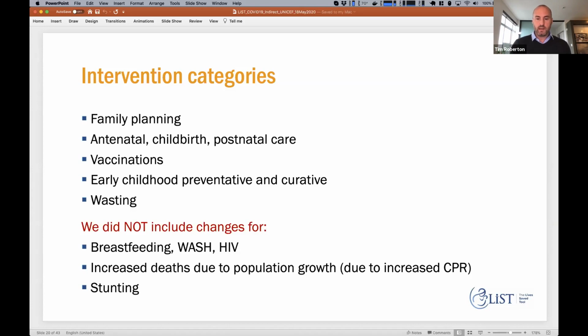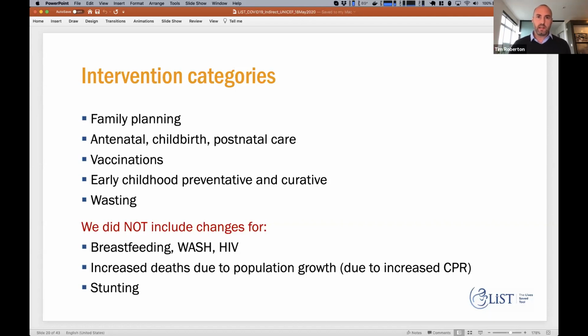One other thing that people have asked, and we can clarify here, is that because of the reduction in contraception, because people may not have access to family planning, you could imagine that there would be more kids being born, and therefore more kids susceptible to dying.